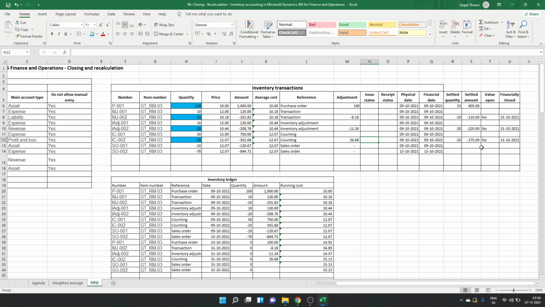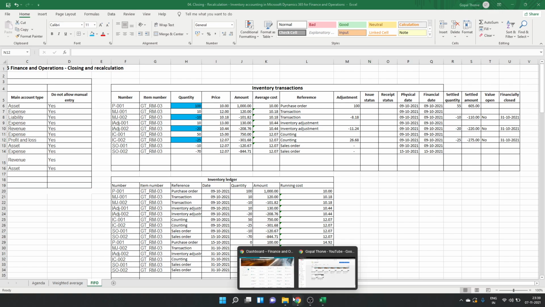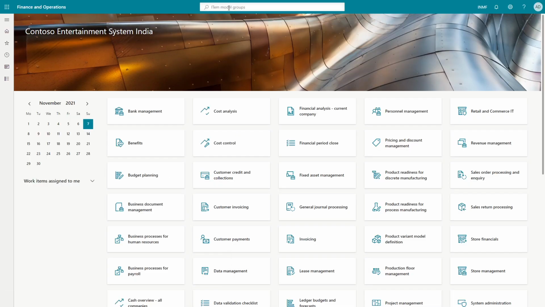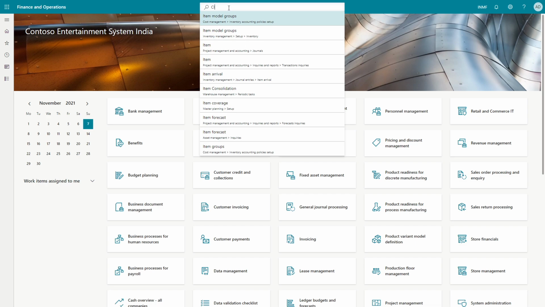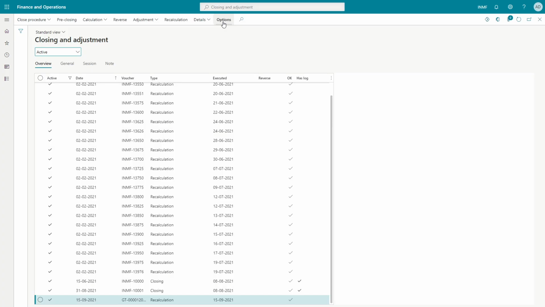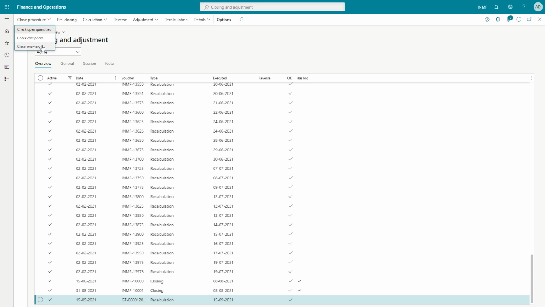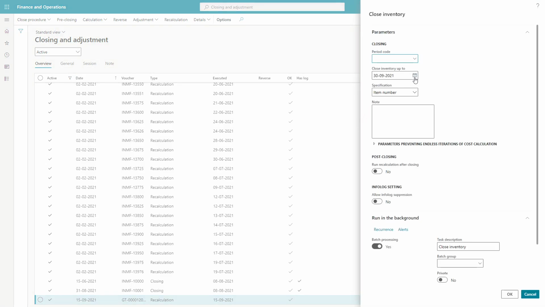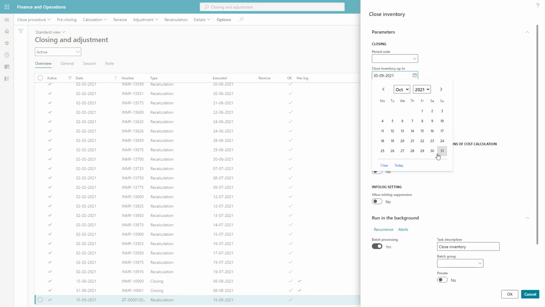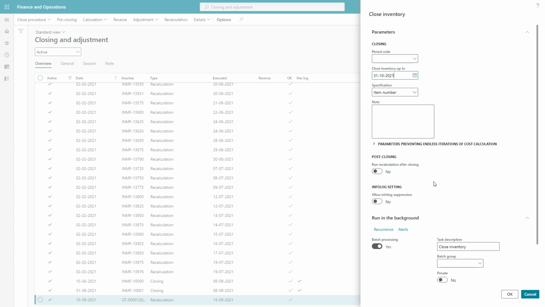Okay, so parallelly, let us run the inventory closing in system so that we save time. So closing and adjustment, close inventory. I'm closing this inventory at the end of 31st of October.